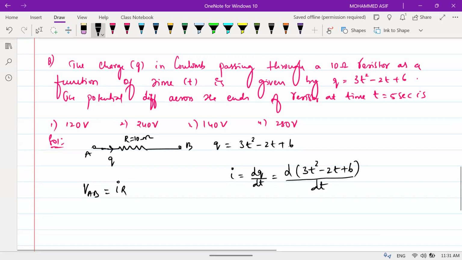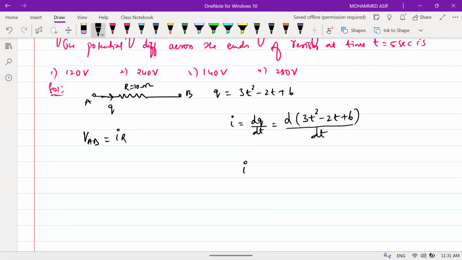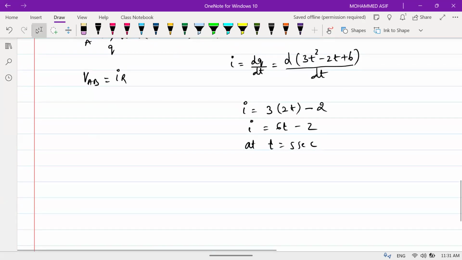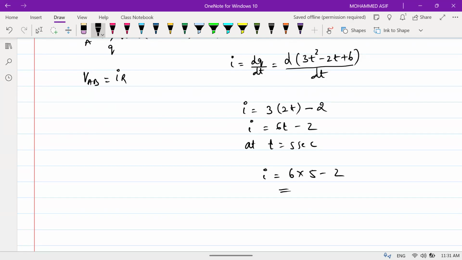Now differentiate this one, beta. In this one, I is equal to 3 times the differentiation of t square, which is 2t, minus 2, and the differentiation of 6 is zero. So 6t minus 2. This is your current. So at what time? At t equals 5 seconds, the current is I equals 6 into 5 minus 2. 6 fives are 30, minus 2, it will be equal to 28 ampere.